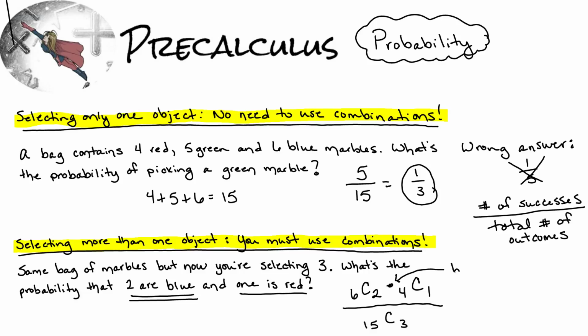We're choosing a certain amount of blue, and a certain amount of red to create the 3 marbles that we're picking. And is the key word to multiply. So this would give us our answer. I just punched this into the calculator and I got 12 out of 91 as the probability.